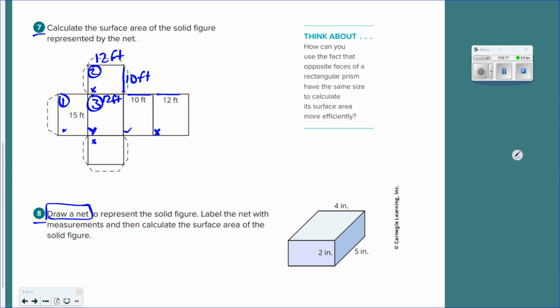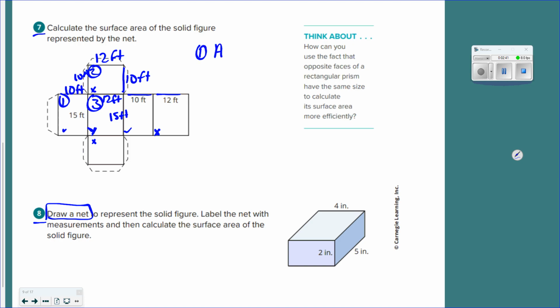I know that all of these side lengths are going to be 15 feet. Okay? Any questions on any of those? I also know this is 10 feet, means this is 10 feet. So when I fold this over, this one is also 10 feet, right? So I now have my 3 shapes.